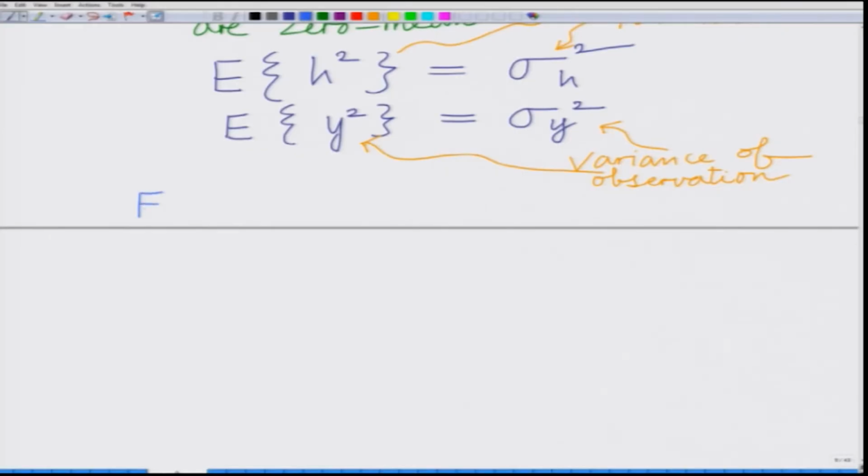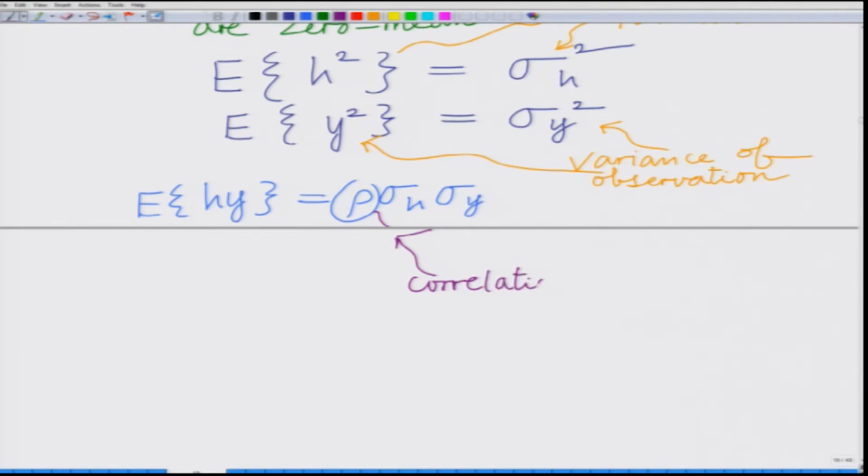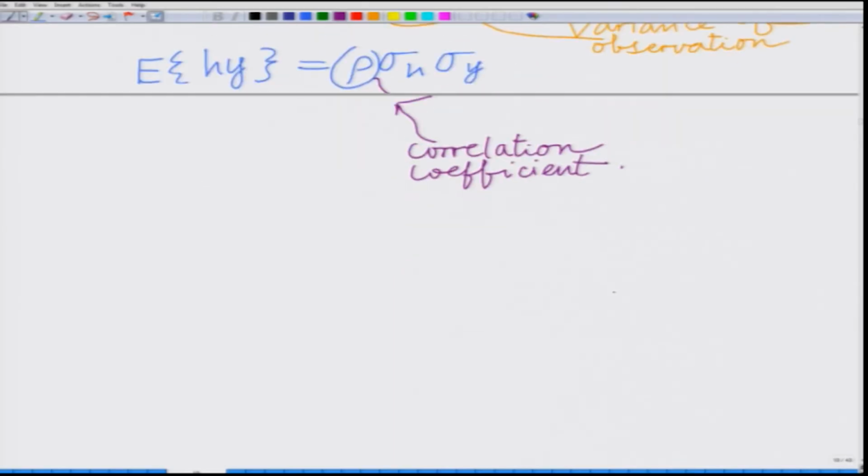We need the cross covariance, expected value of h y, which we will denote by rho sigma h into sigma y, where you might already be familiar with this, rho is the correlation coefficient of the parameter h and the observation y.